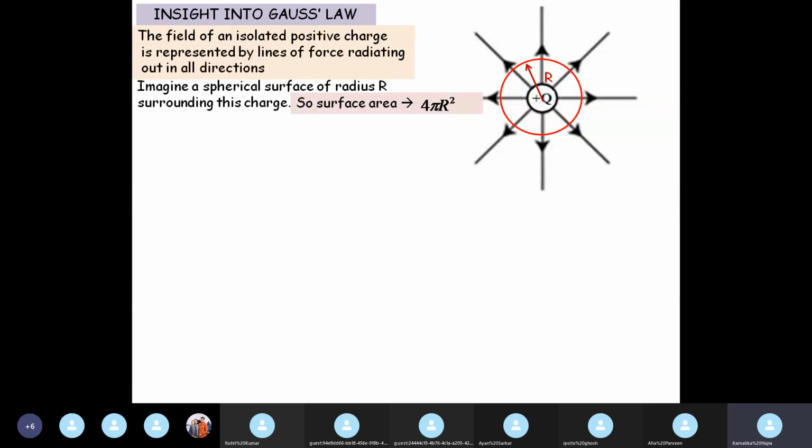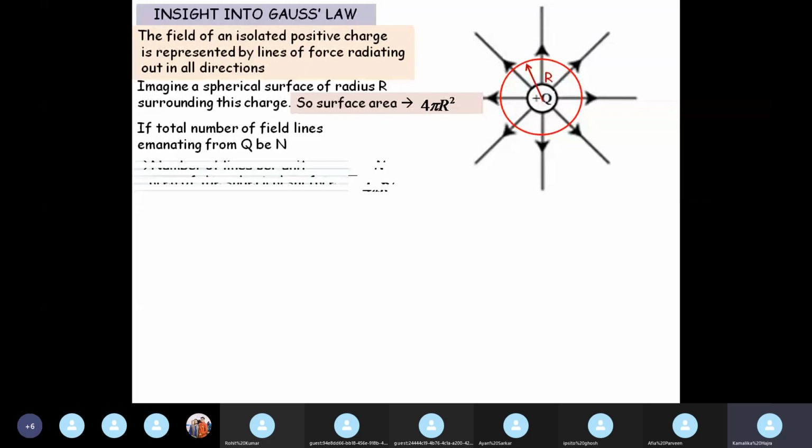It is 4 pi capital R square. Now, if the total number of lines of force that come out from Q is capital N, then the number of lines of force per unit surface area of this sphere is N by 4 pi R square. Okay. This much I think is clear.